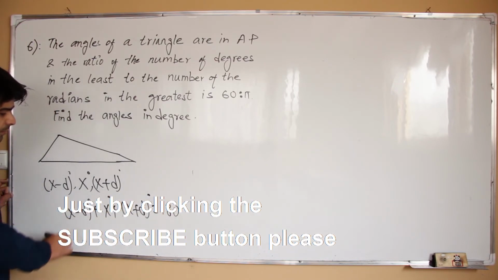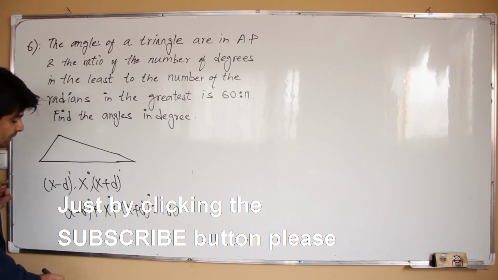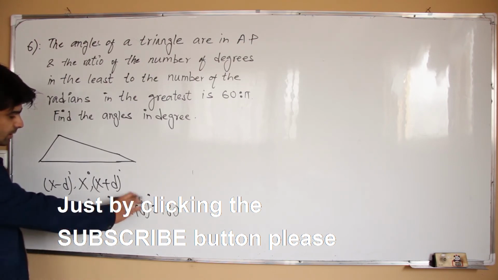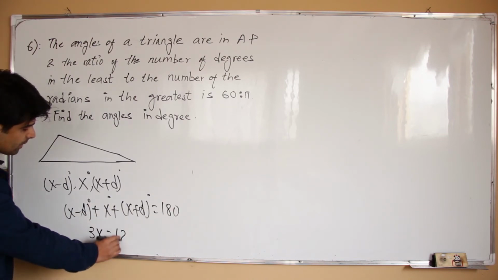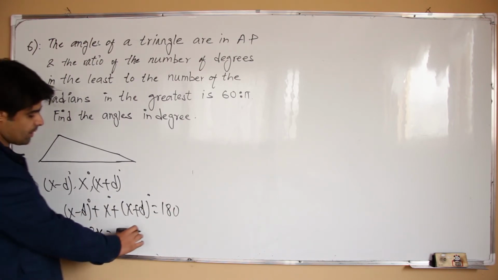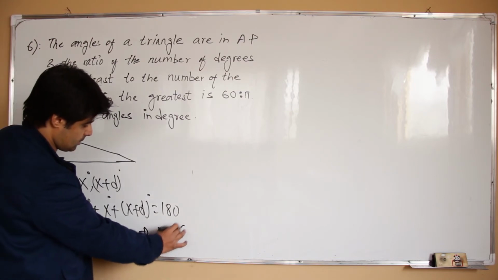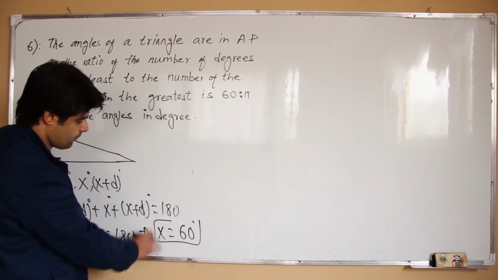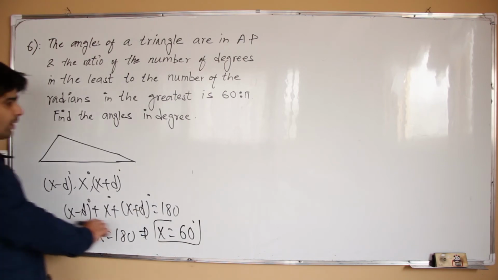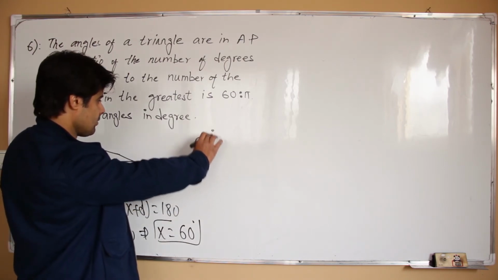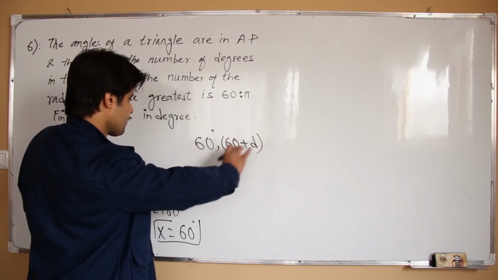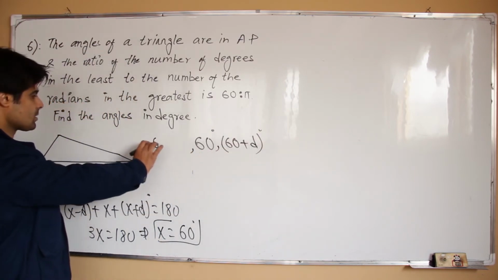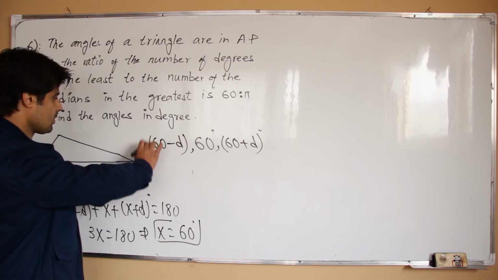Now from here you are able to find the value of x. This d with this d is cancelled. X is 3x, 180. Now x is what? X is 60 degree. Now we have found that one of the angles is 60 degree, the next one is 60 plus something degree, and the first one is 60 minus something degree.